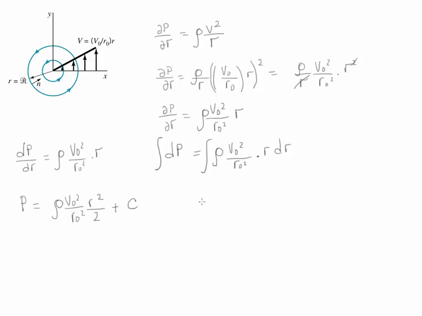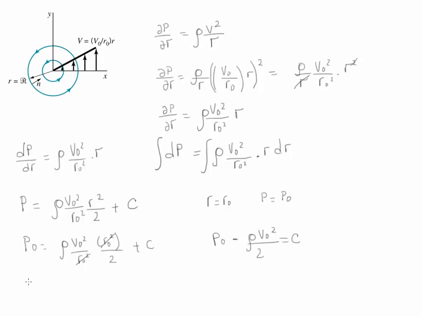And we are going to use the boundary condition that indicates that at r equal to r0, the value of p is equal to p0. We substitute it into this equation. So p0 is equal to rho v0 squared over r0 squared, and we substitute r to be r0, squared divided by 2, plus C. Notice the r squared and the r squared cancel, and we could find that the value of C is simply p0 minus rho v0 squared divided by 2.